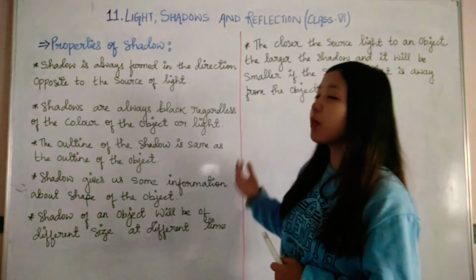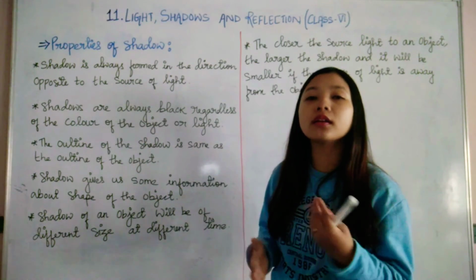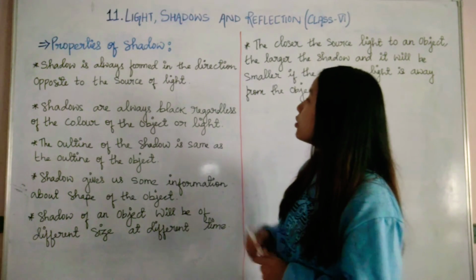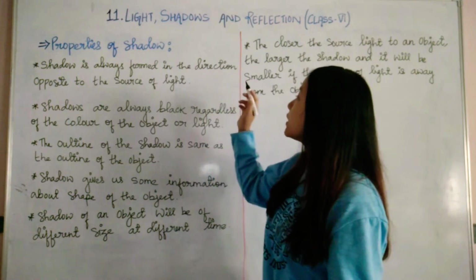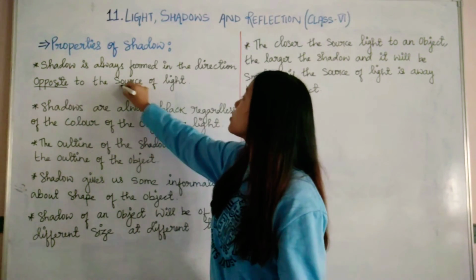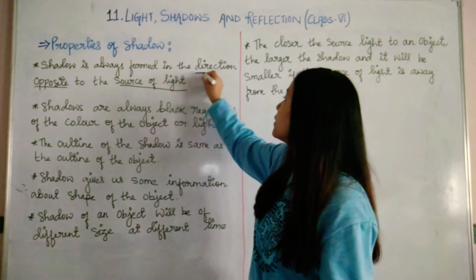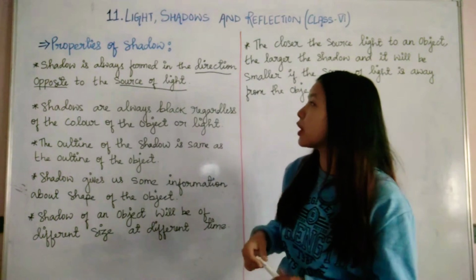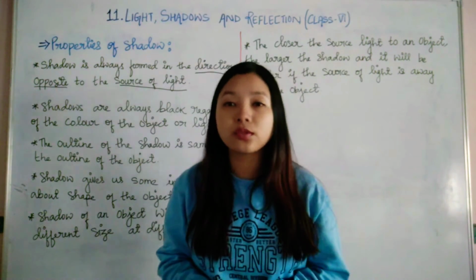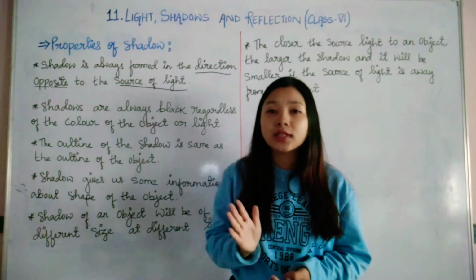Next is properties of shadow. What are the different properties of shadow? Let's see one by one. A shadow is always formed in the direction opposite to the source of light. What does it mean?